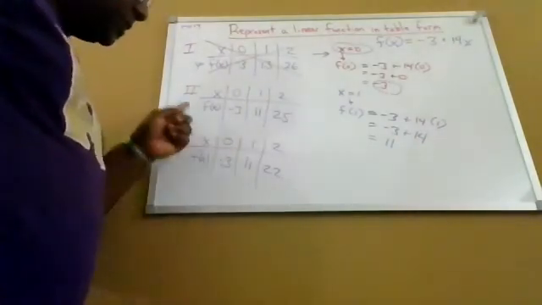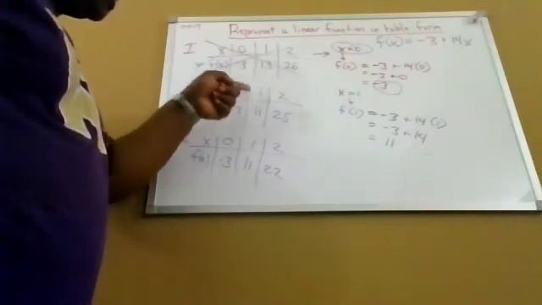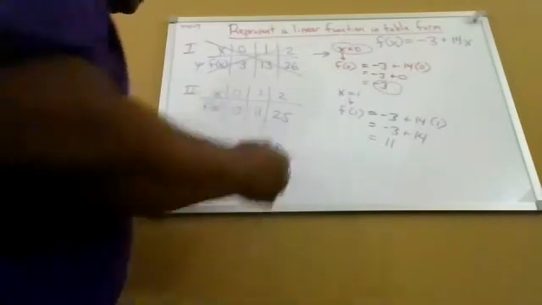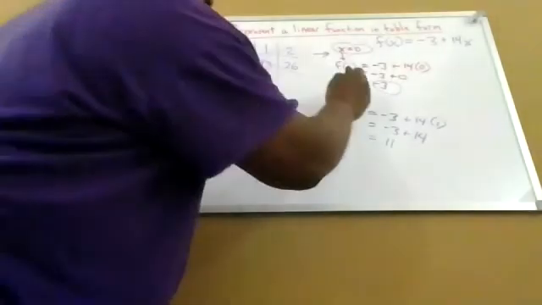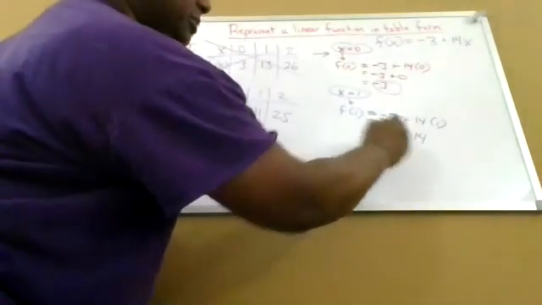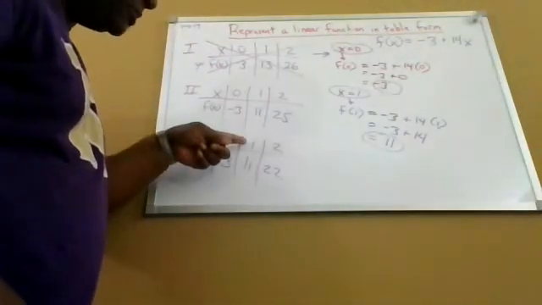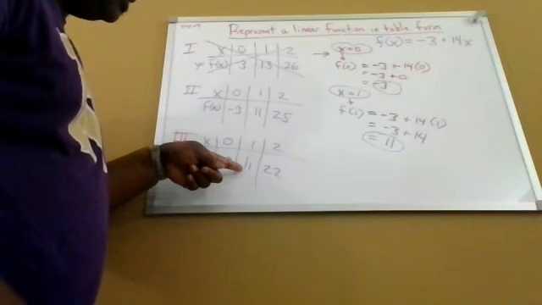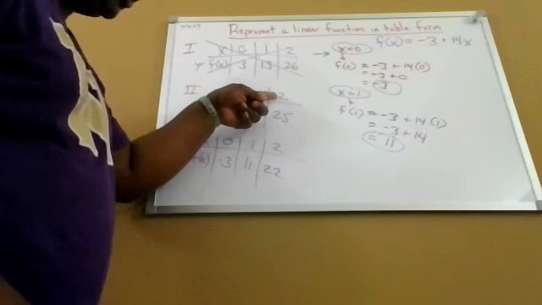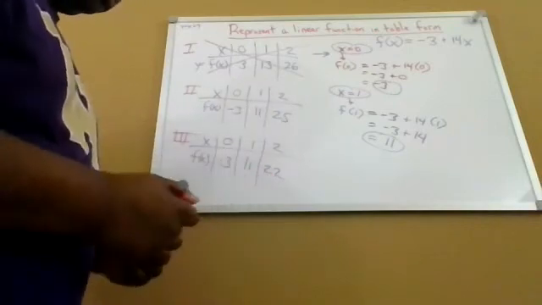Now notice for tables 2 and table 3, for my second points, when x equals 1, y equals 11. When x equals 1, y equals 11. Well, I have that in tables 2 and 3. So now I need to check to see when I substitute 2 in for x, do I get 25 or do I get 22?